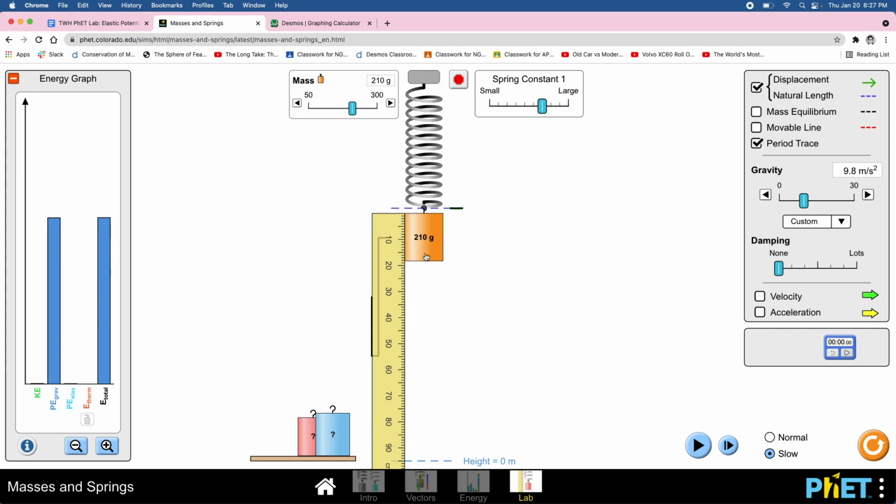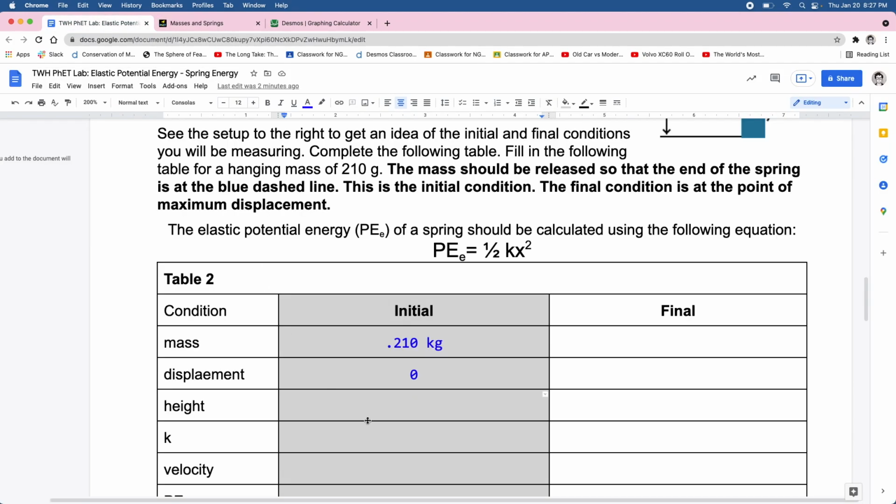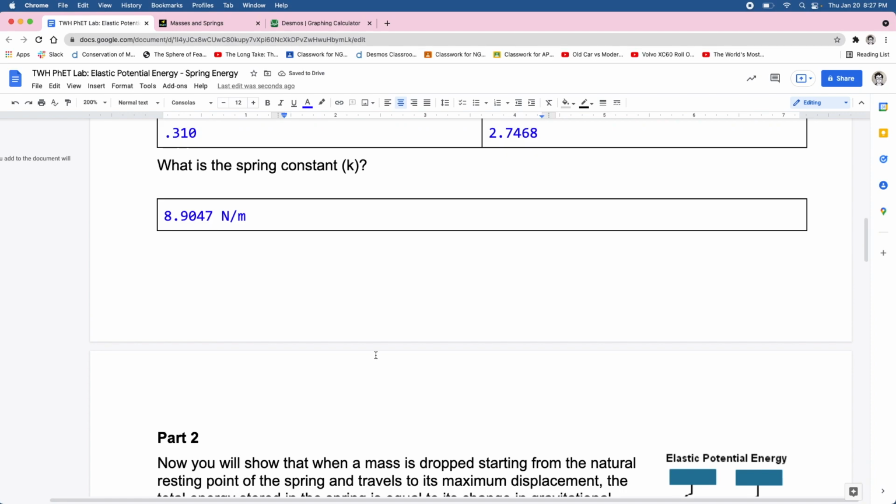And so for this, I'm going to measure from the top of the mass, and I'm going to see that that is 95 centimeters. So the initial height as measured from the top of the mass is 95 centimeters. So the initial height is 0.095 meters. All right, my K is this number, same K I calculated earlier.